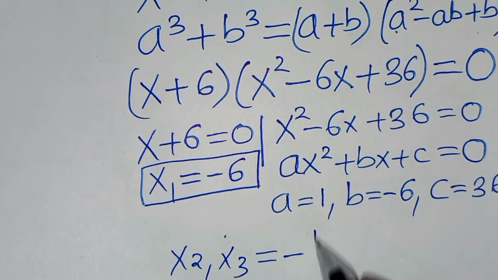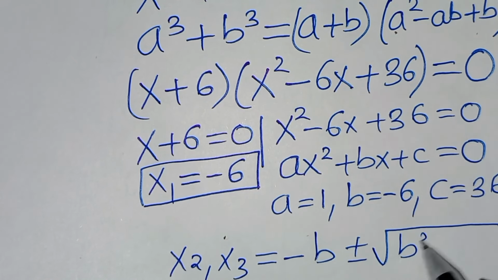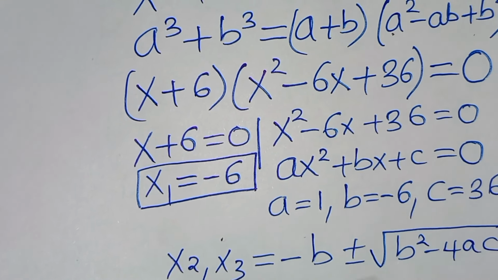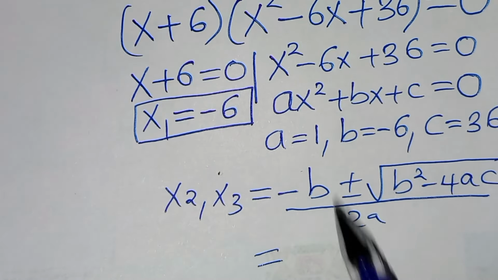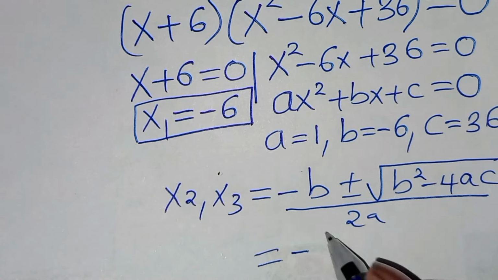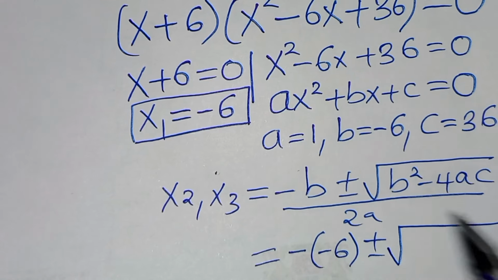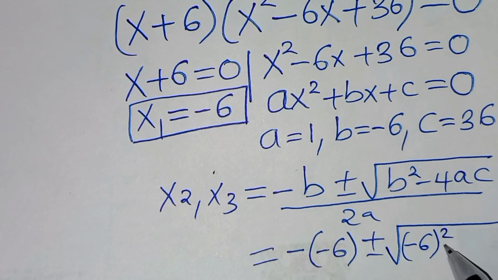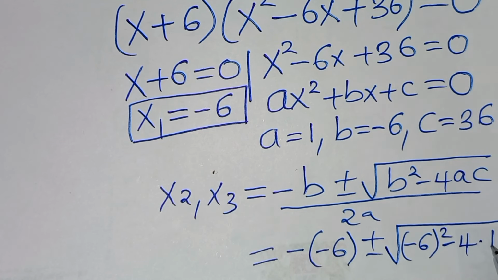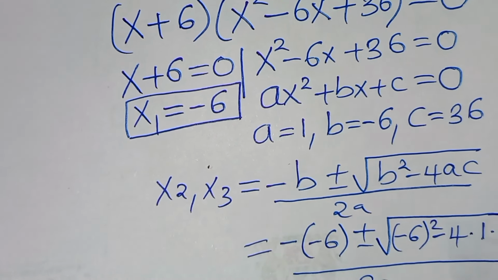Here you can apply the quadratic formula, which is minus b plus or minus the square root of b squared minus 4 times a times c, over 2a. Let's substitute the values of a, b, and c so that we have minus (minus 6) plus or minus the square root of (minus 6) squared, subtract 4 times a, which is 1, times c, which is 36, all divided by 2 times 1.